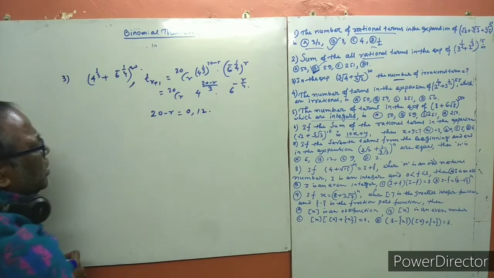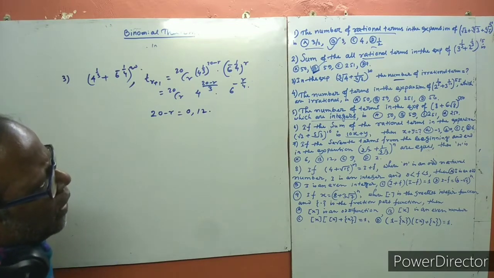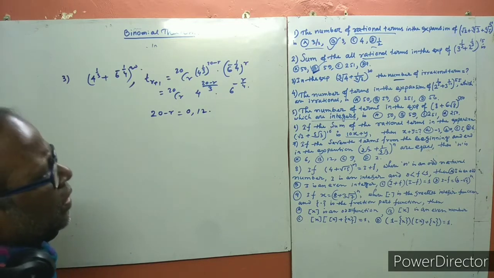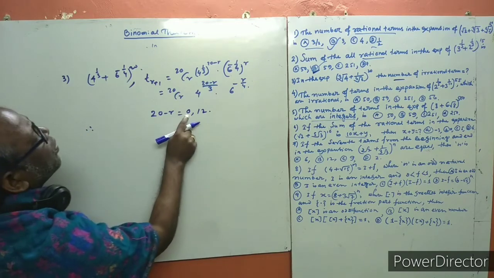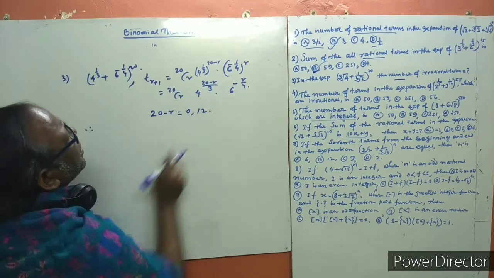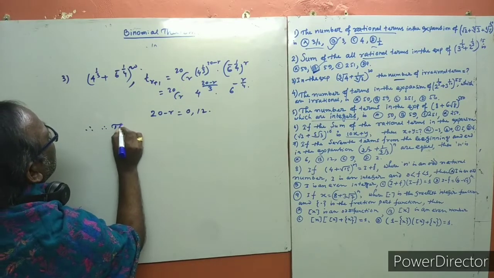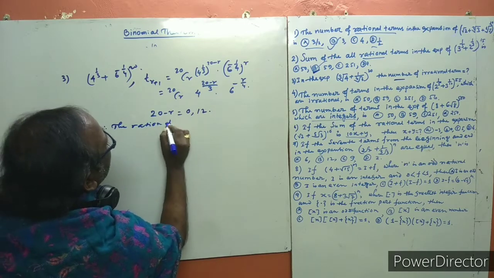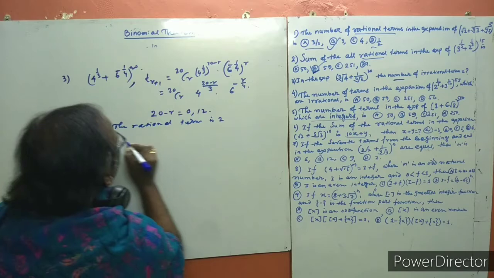So these are the two rational terms. Therefore, when we put 0 and 12 in this expression, we get two rational terms. So the number of rational terms is 2.